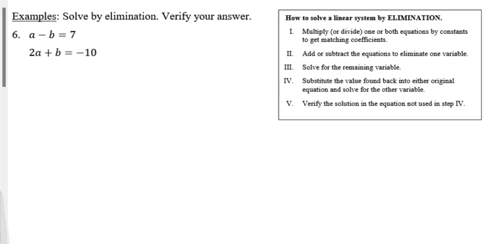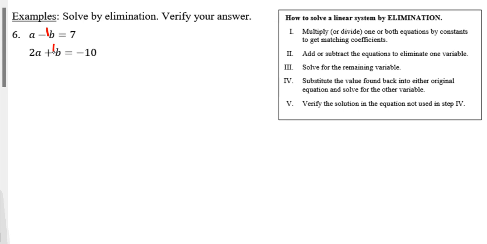First step is multiply or divide both equations by a constant to get matching coefficients. So I didn't say equal coefficients because they don't have to have the same sign. We want to have the same size of number in front of one of the variables. As you look at this set of equations, both of them have a coefficient of 1 or negative 1 in front of the b.